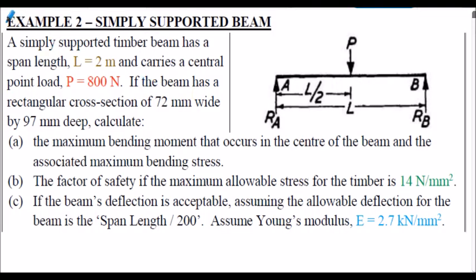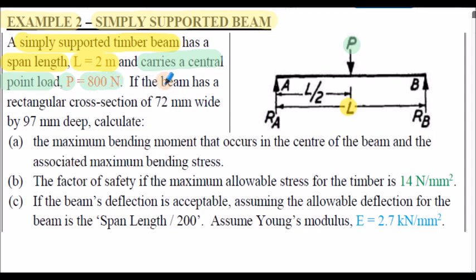Let's consider now example 2 relating to a simply supported beam. A simply supported timber beam has a span length of 2 meters, that's L here. It carries a central point load labelled as P of 800 newtons.